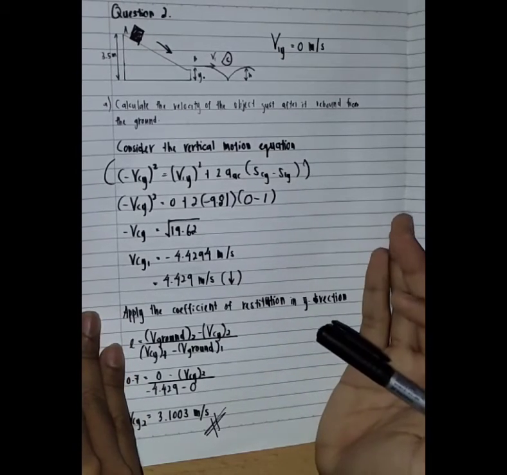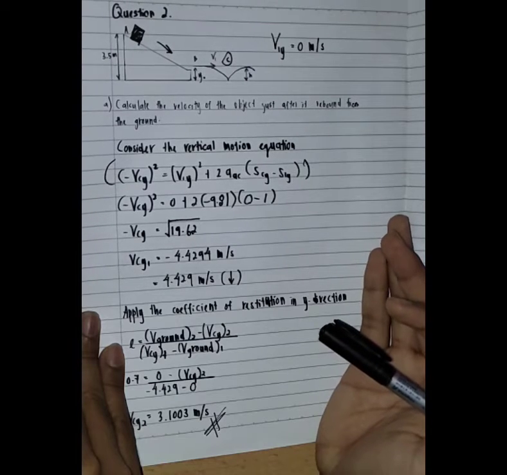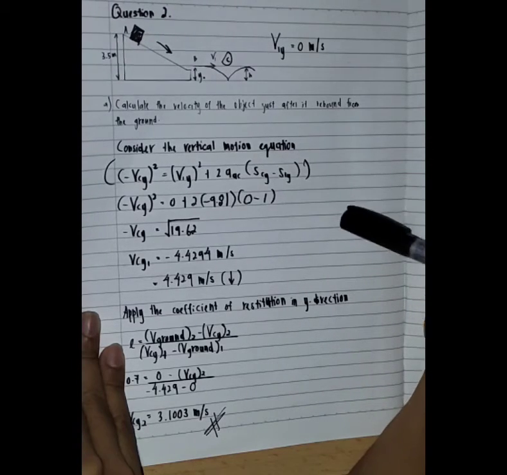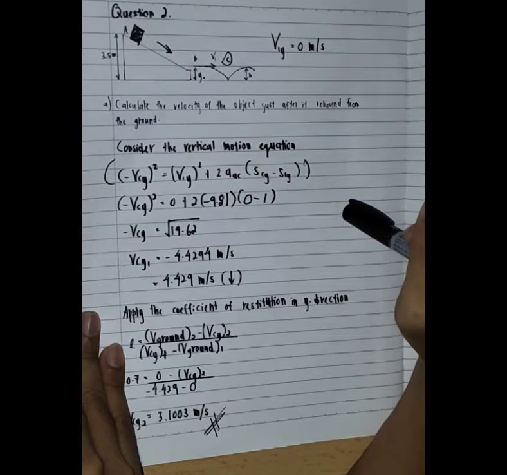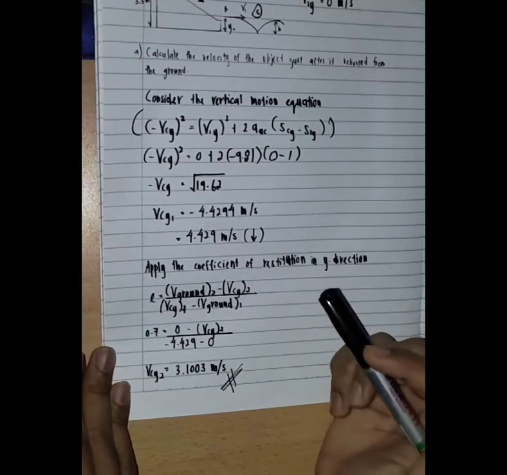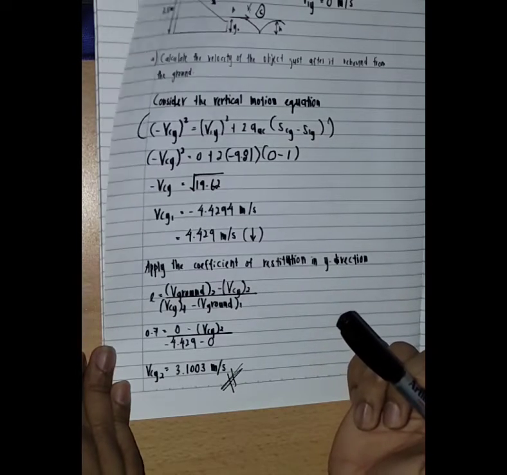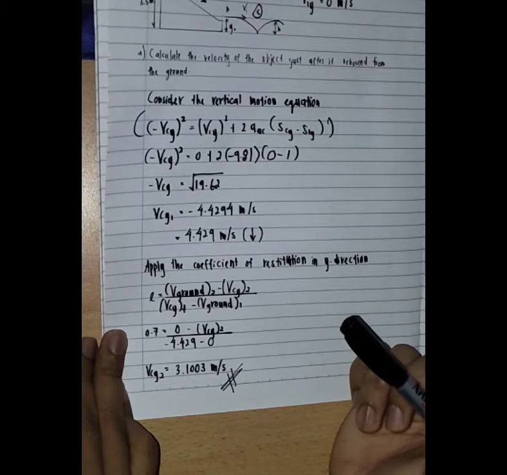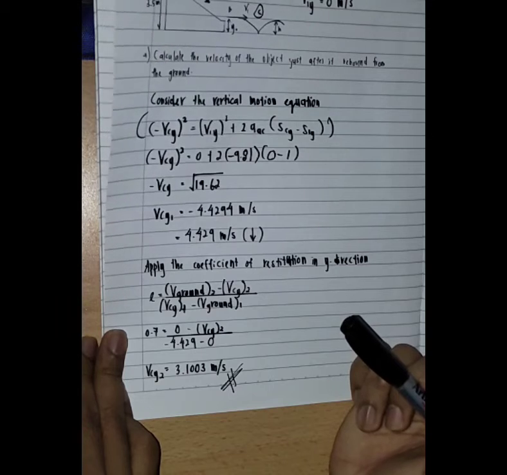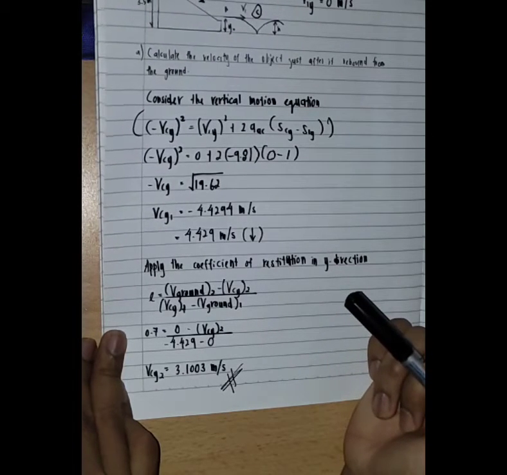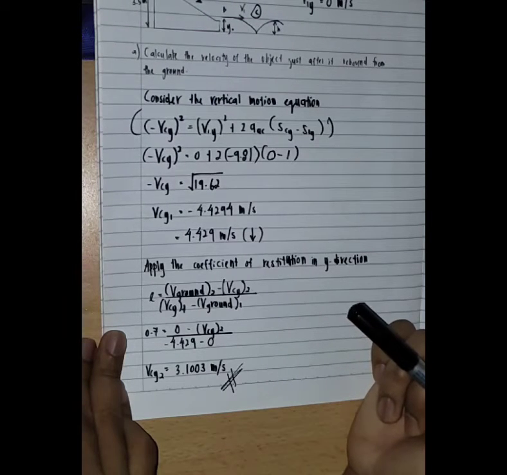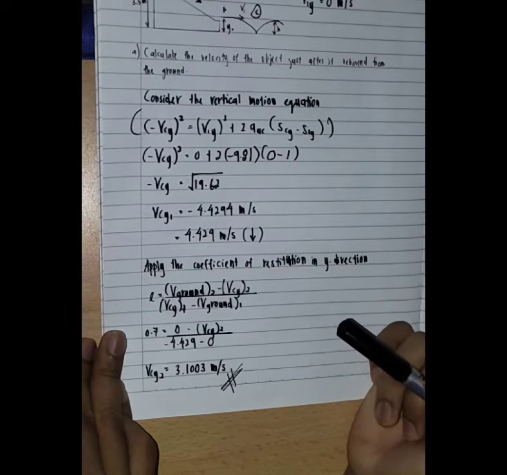After we get the VC1y value, apply the coefficient of restitution in the y direction to determine the velocity of the ball just after it rebounds from the ground. The equation of coefficient of restitution is e equals (v ground 2 minus VC2y) over (VC1y minus v ground 1). Substitute the values and you get VC2y as 3.1003 meters per second. That's the answer.